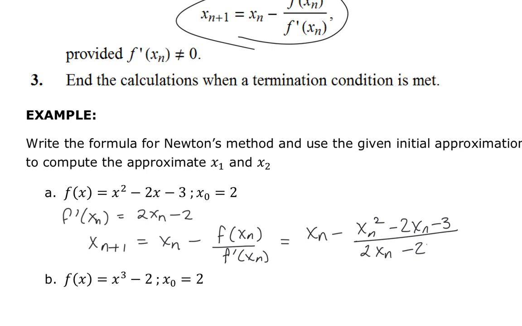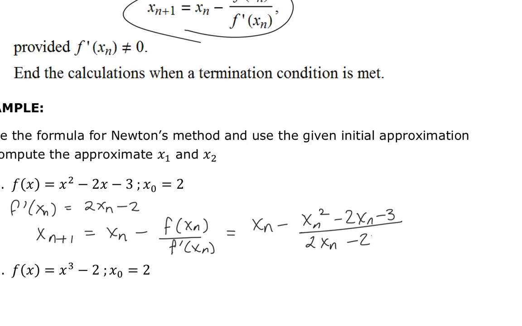Now, it's totally okay to stop and use this as is, but if I can clean this up so it gives me a nicer formula that I don't have to keep going through, this one can be a little cumbersome. So I'm going to clean this up algebraically a little bit.